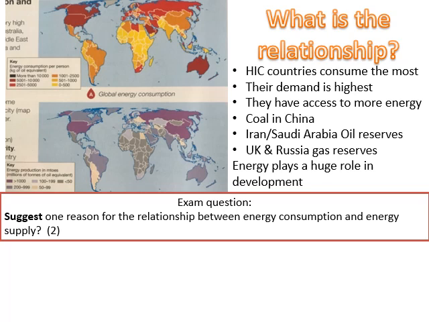So we've got a short exam question here. It's only 2 marks. It says, suggest one reason for the relationship between energy consumption and energy supply. The reason I've chosen this question is because of the command word, suggest. It doesn't say give. It says suggest because we need to have a little bit more information.